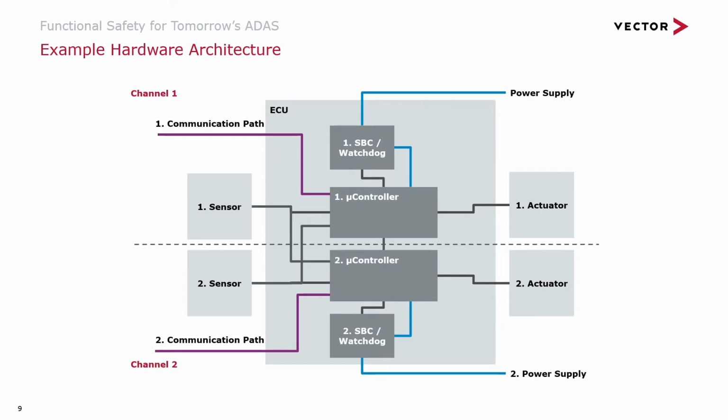So this has been until now uncommon in automotive systems due to the cost impact. But today with our fail operational systems, we see more and more hardware redundancy built into place. And this means if sensor number 1 fails, we can move over to sensor number 2. If actuator number 2 fails, we can move back to actuator number 1, and so on and so forth. So we have genuinely 2 channels here with redundant systems.